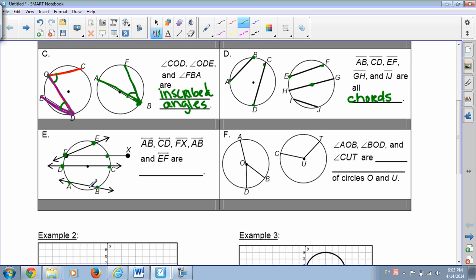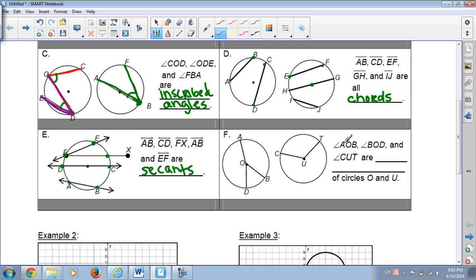So these are all lines that just go straight through the circle. It doesn't matter where they touch at two different places on the edge of the circle. These are called secants. S-E-C-A-N-T-S, secants.